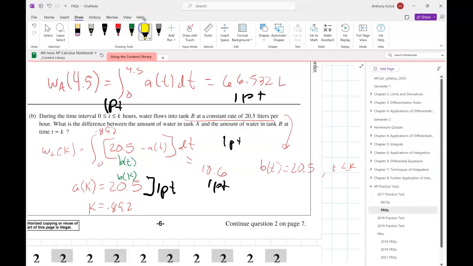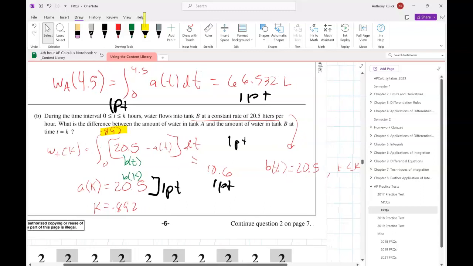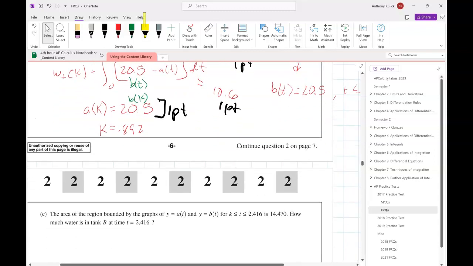That was the hardest part because everything afterwards needs that value for k. And if you missed that tank B at a constant rate of 20.5 means B of t is equal to 20.5 up until k, and you couldn't solve for k, I don't think you could have done the rest of this, or gotten very far anyways.